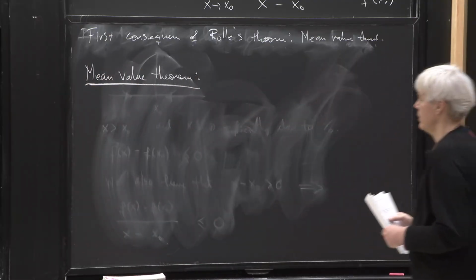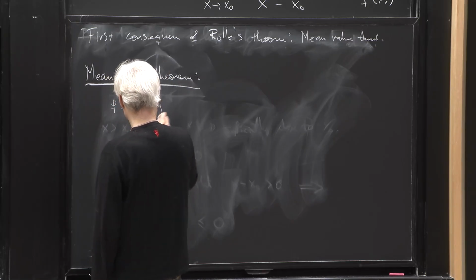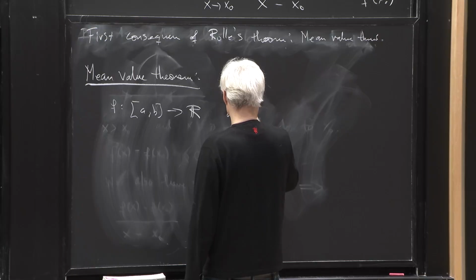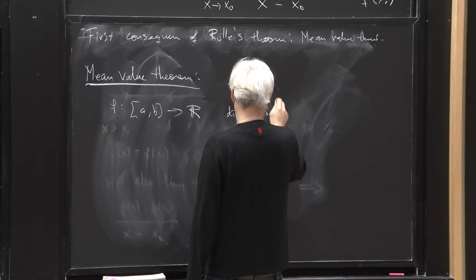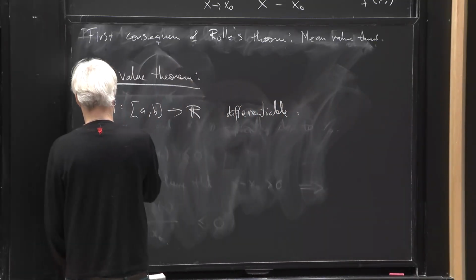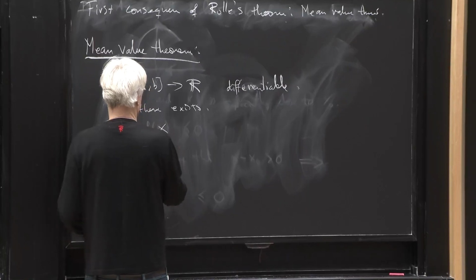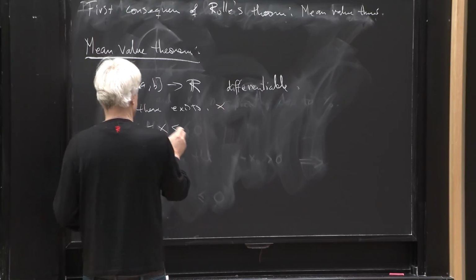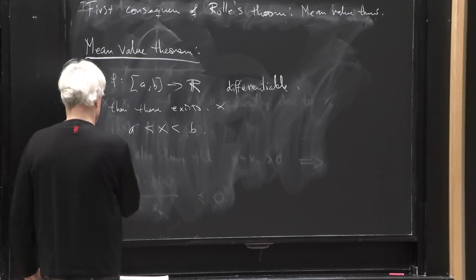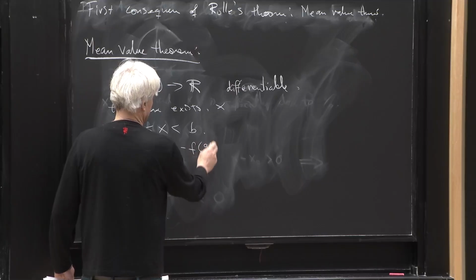And the actual mean value theorem says that if you take a function f from a to b on some interval like this, and the function is differentiable, then there exists x, where x is strictly between a and b, so that the derivative at x is equal to the difference quotient at the two endpoints.